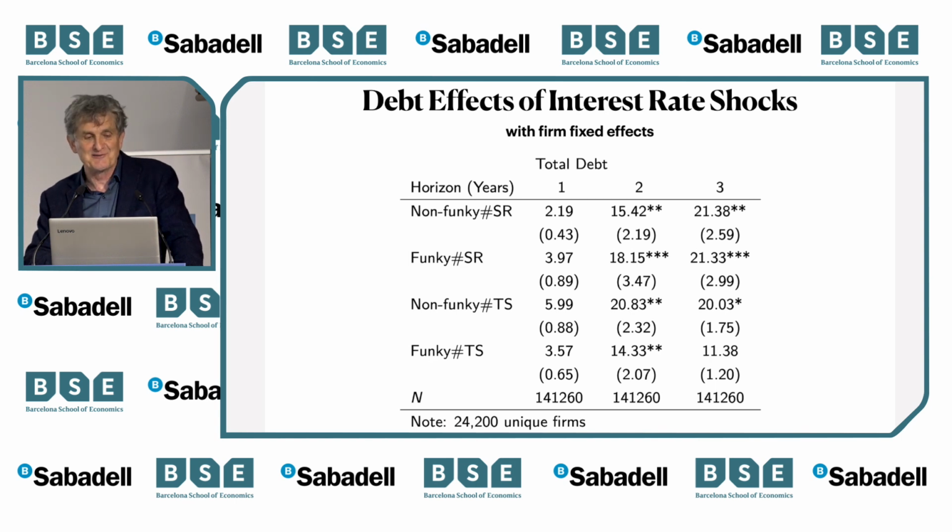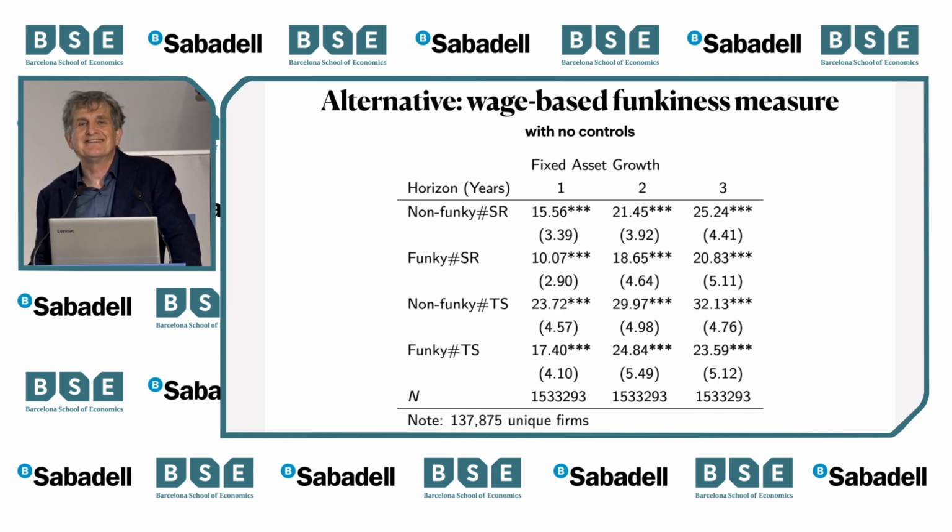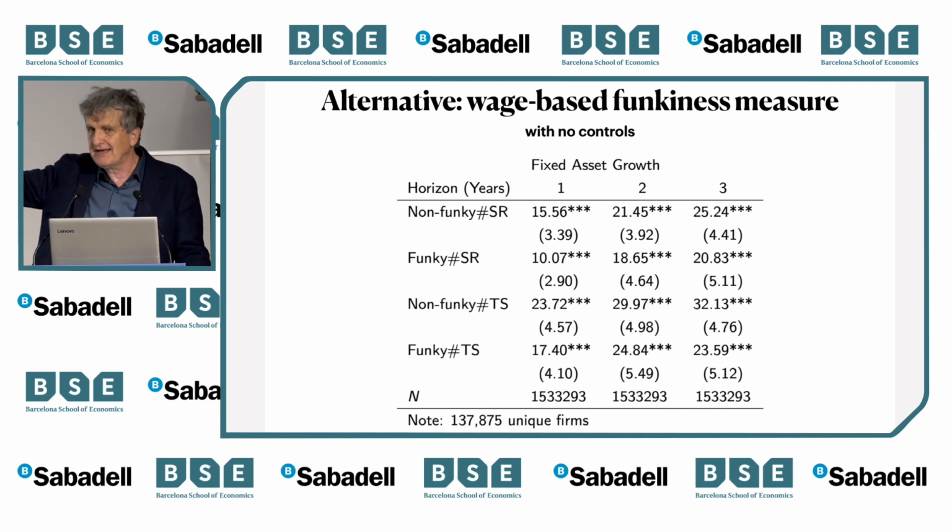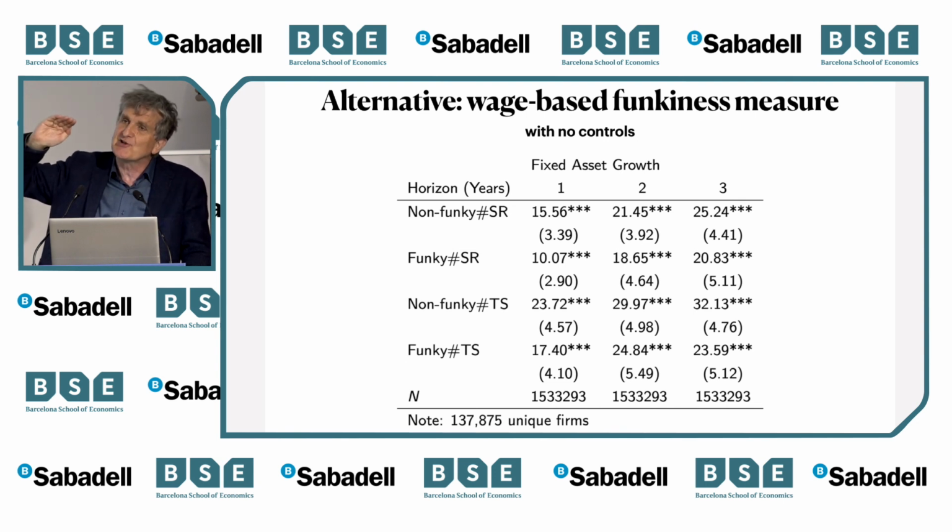Now, last 1 minute, 2 minutes more, if I may. 5 minutes, okay, less. I'd like to try my luck with an alternative definition of funkiness. So I've been focusing on a head count ratio of number of directors divided by number of employees. Instead, what we've been doing here is to look at the ratio of the directors' remuneration divided by the total employees' remuneration.